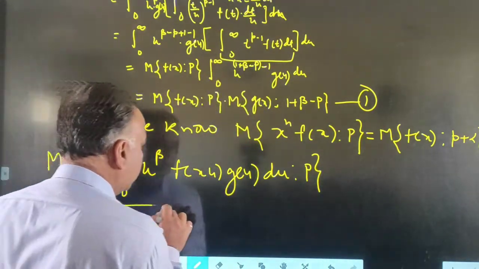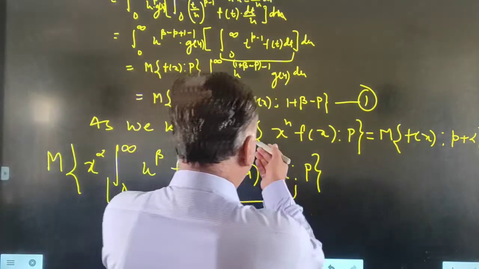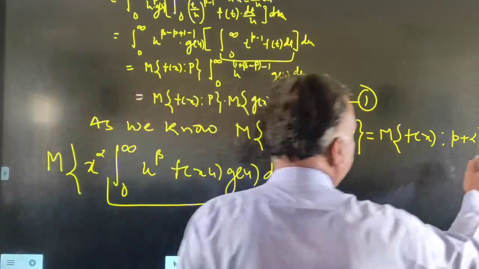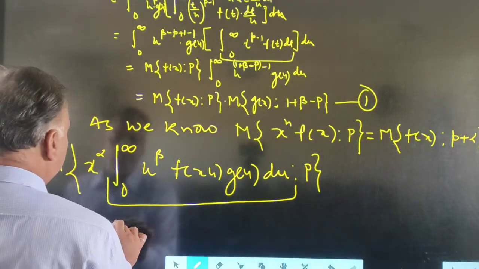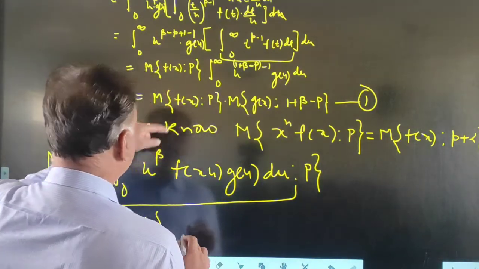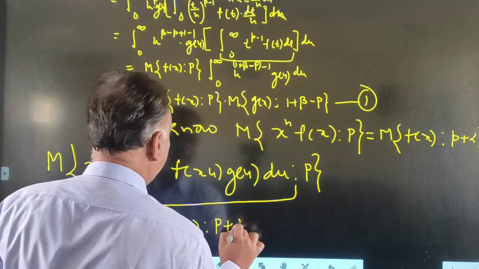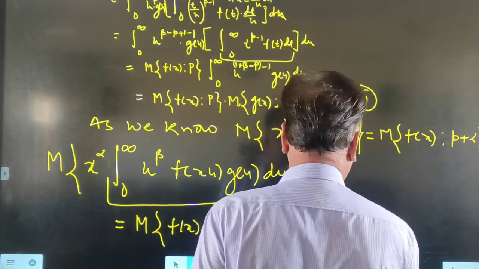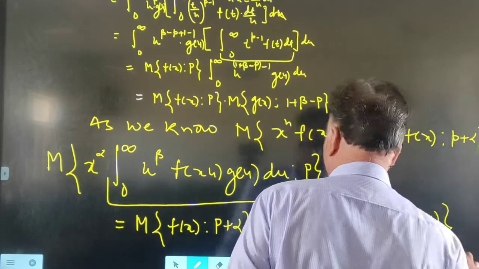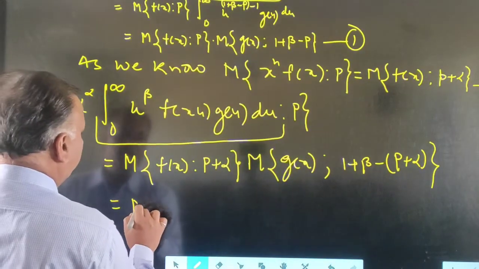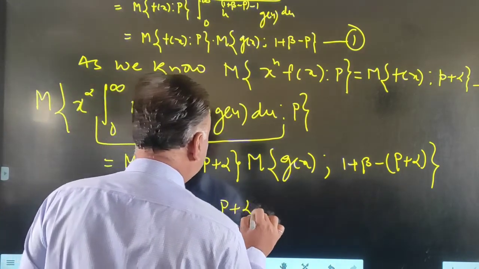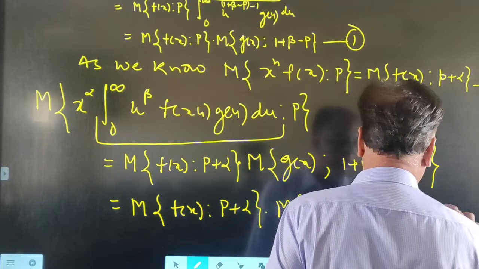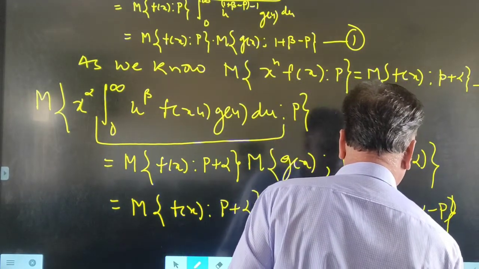As we have found the Mellin transform of this one by equation first, and using the property that the Mellin transform of x raised to n f(x) is equal to the Mellin transform of f(x) with respect to parameter p plus alpha, using second in first, we get this is equal to the Mellin transform of f(x) with respect to parameter p plus alpha multiplied by the Mellin transform of g(x) with respect to parameter 1 plus beta minus p plus alpha, and this is equal to the Mellin transform of f(x) with respect to p plus alpha into the Mellin transform of g(x) with respect to 1 plus beta minus alpha minus p, which is the required result.